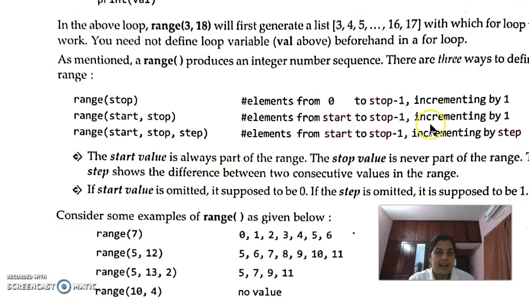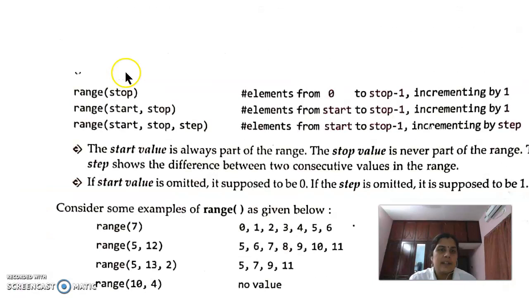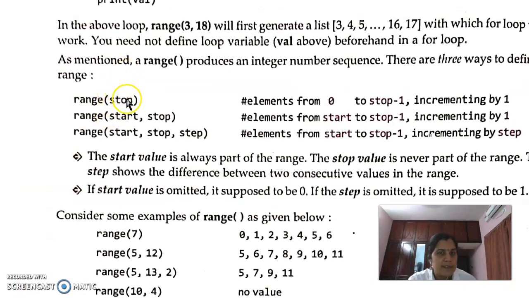Suppose here there is an example. By using this example you can understand. This range of stop, here stop is a variable name. Instead of stop we use 7 here. Range of 7 will give 0 to 6. That means from 0 up to 7, but 7 is not included.